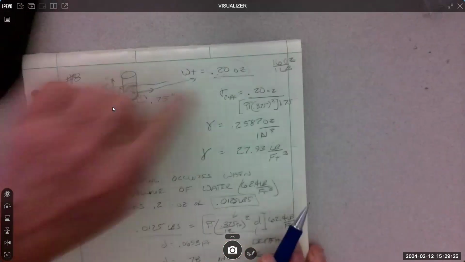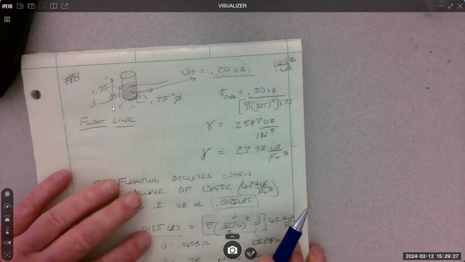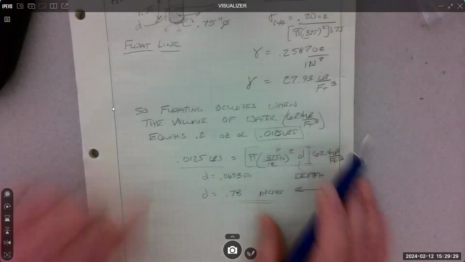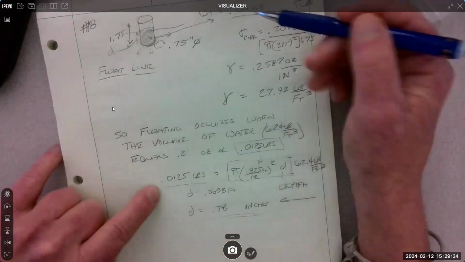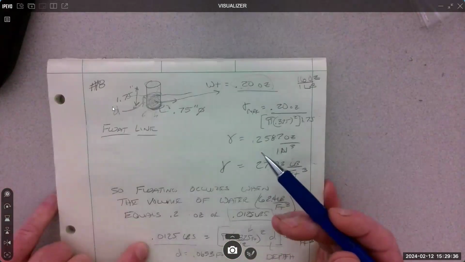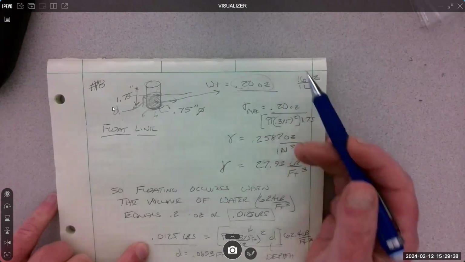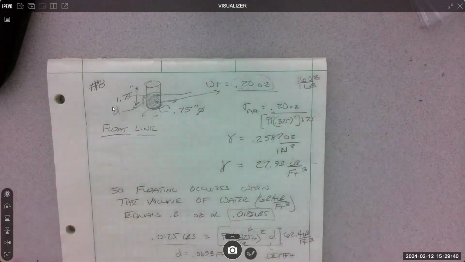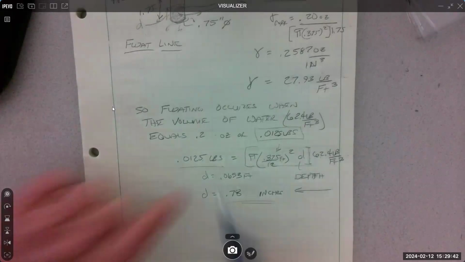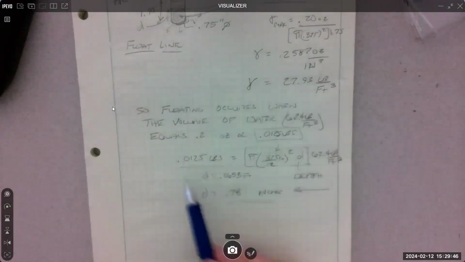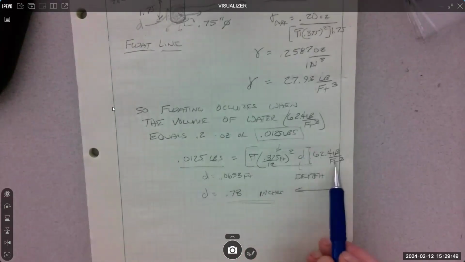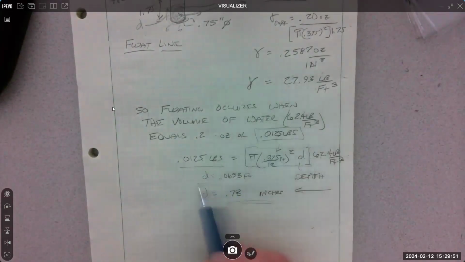So 0.2 ounces, I converted that to pounds, and it is 0.0125. How'd I do that? I just took the 0.2 and divided by 16, right? 0.2 divided by 16 gives me my pounds. All right, so I've got pounds and I've got pounds, so that's going to work because this is going to divide over. The feet that are down below will flip up and I'll end up with feet.